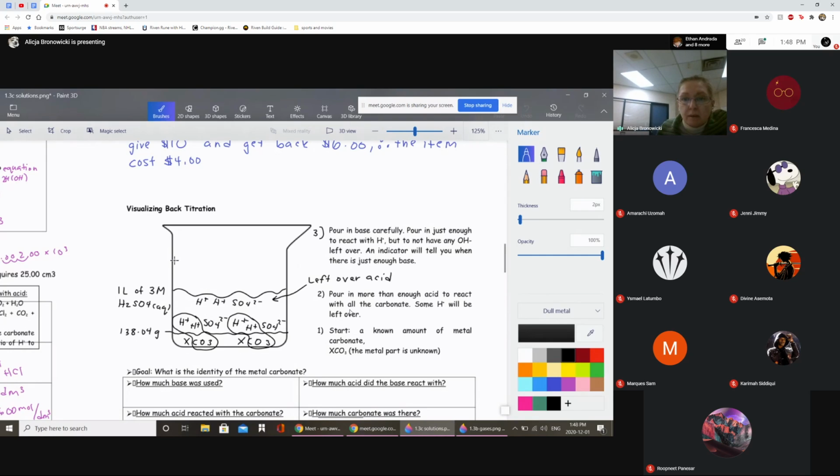So I pour in some base, and the concentration of my base is 2 molar sodium hydroxide. I've poured in 1 liter of it, so I've poured in 1 liter of 2 molar sodium hydroxide, and that neutralizes my acid.